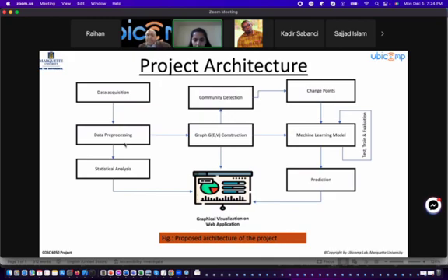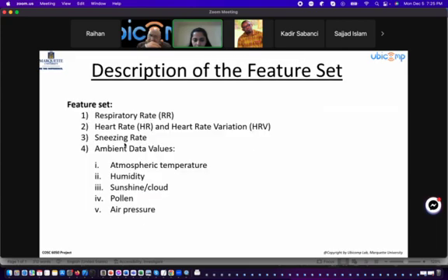From this data we process the data and construct our network, and we try to detect some change points in our data. A change point means there is some anomaly in our data. So we applied some algorithms to detect the change points, and we visualize the change points in a graphical representation in a web application.